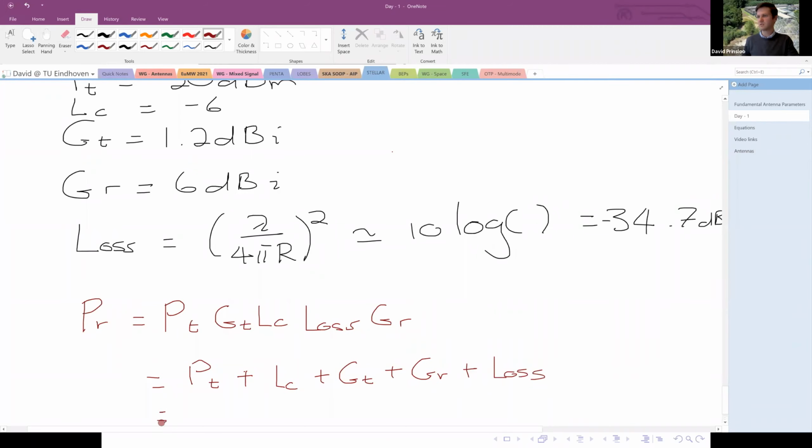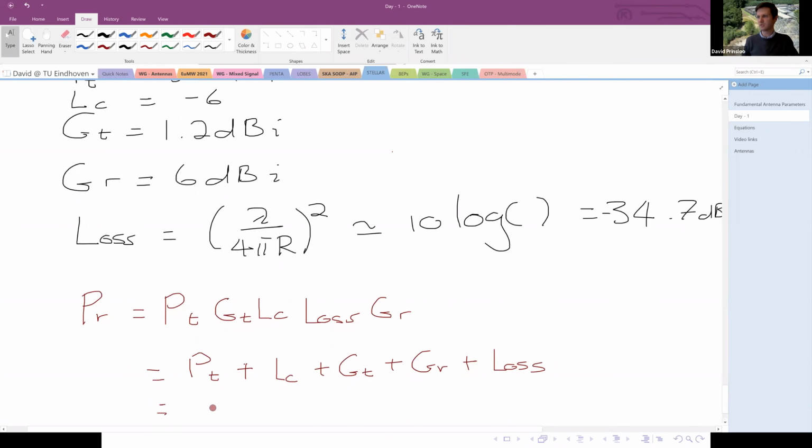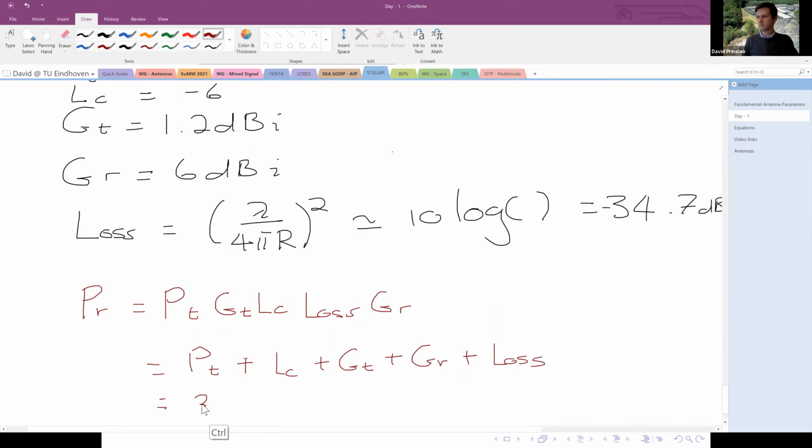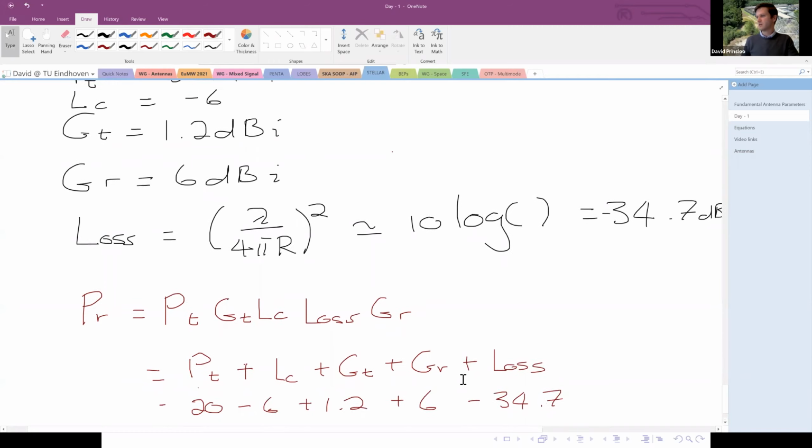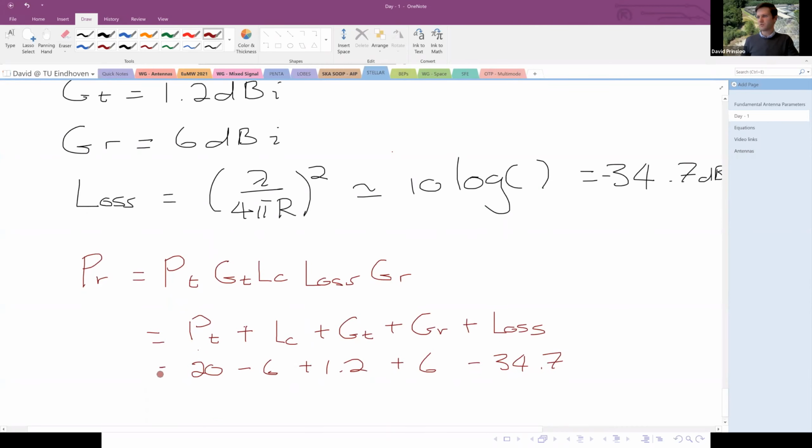And if you just calculate the sum, you get minus 20 minus 6 plus 1.2 plus 6 minus 34.7. And this gives you the answer of minus 53.5 dBm. So have a look if you can get to that again.